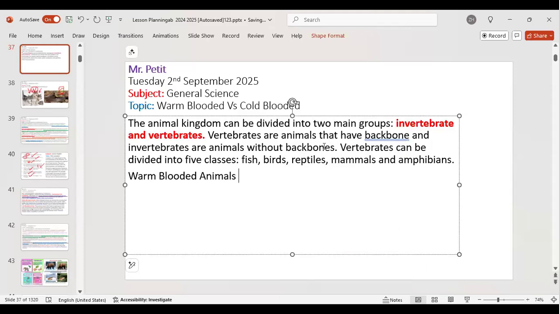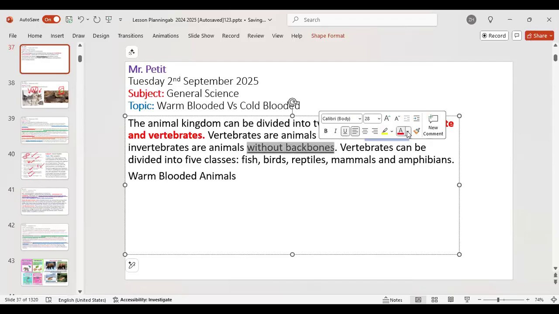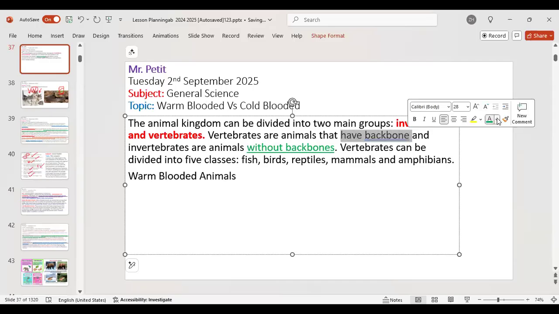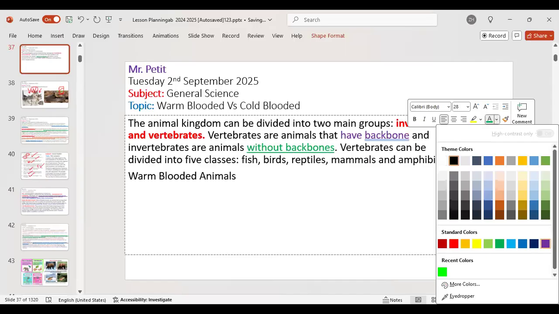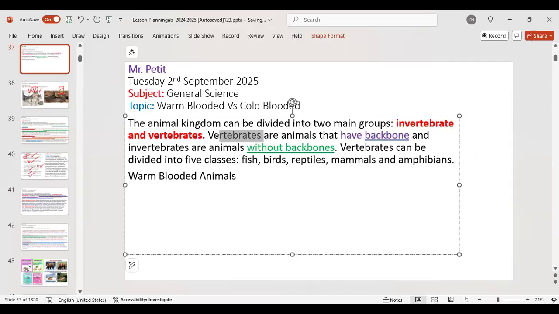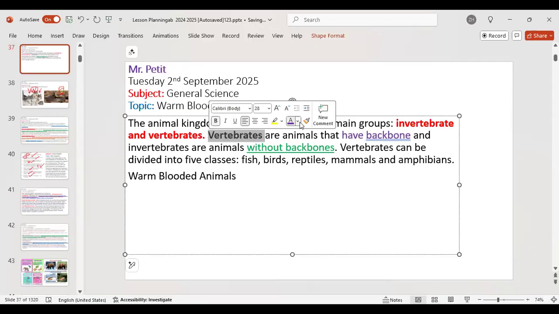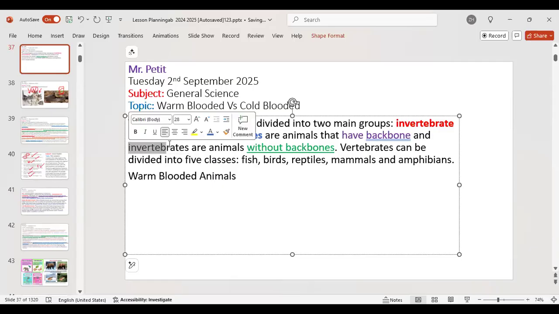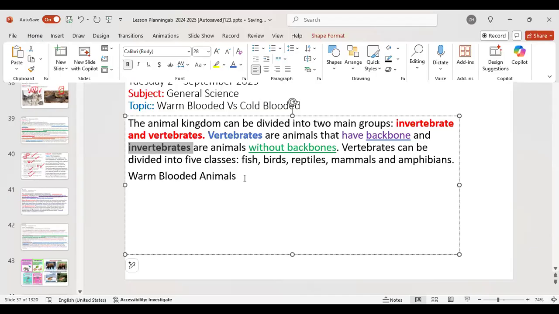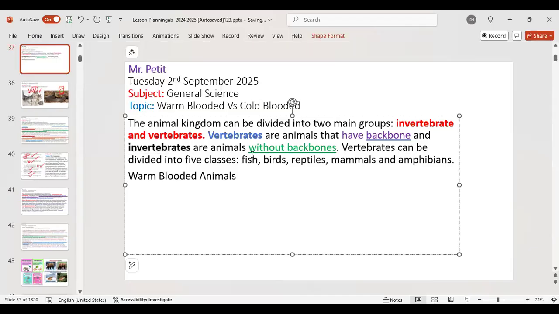Highlight without a backbone, and highlight have a backbone. These are the words that you highlight as you study. Make sure that you know these keywords and key ideas, and obviously you need to know all 5 classes, so highlight that too.